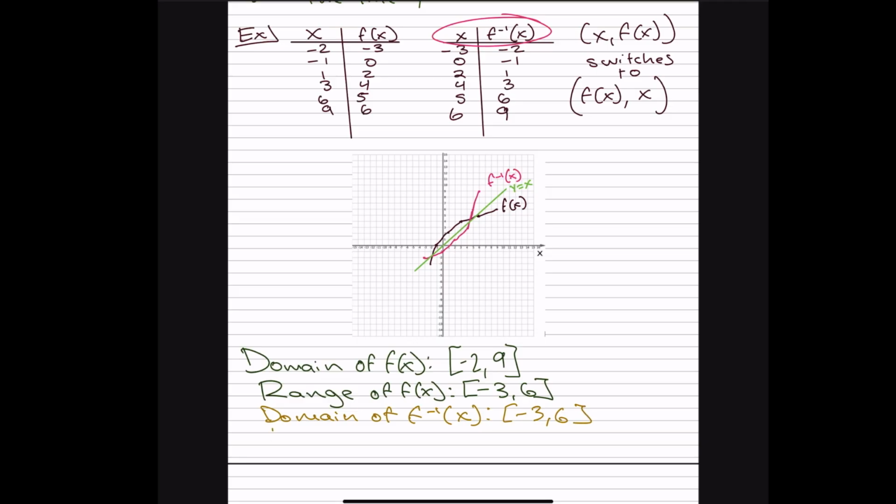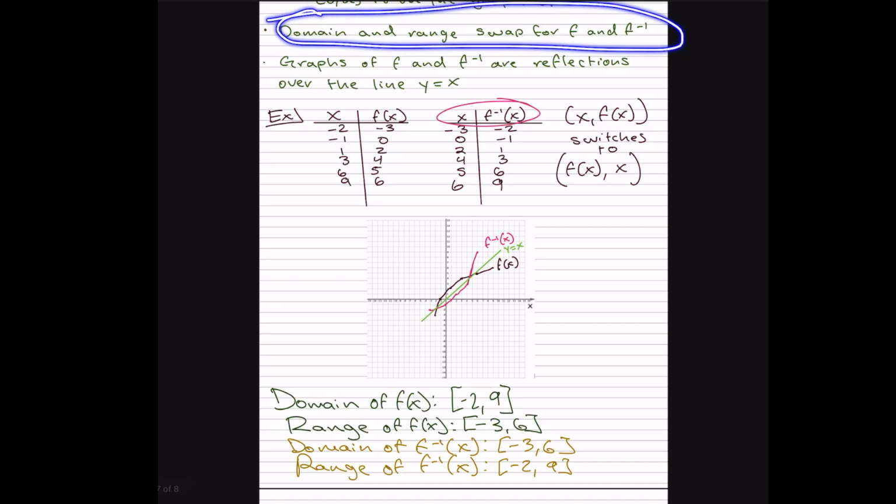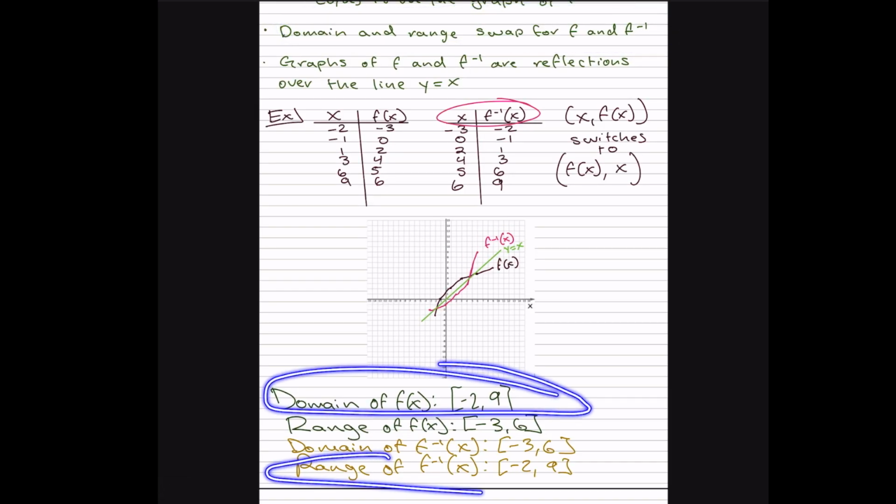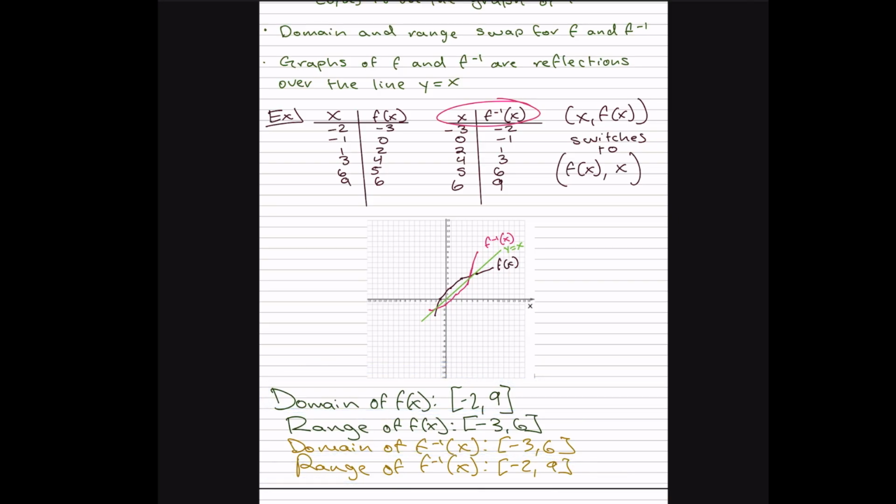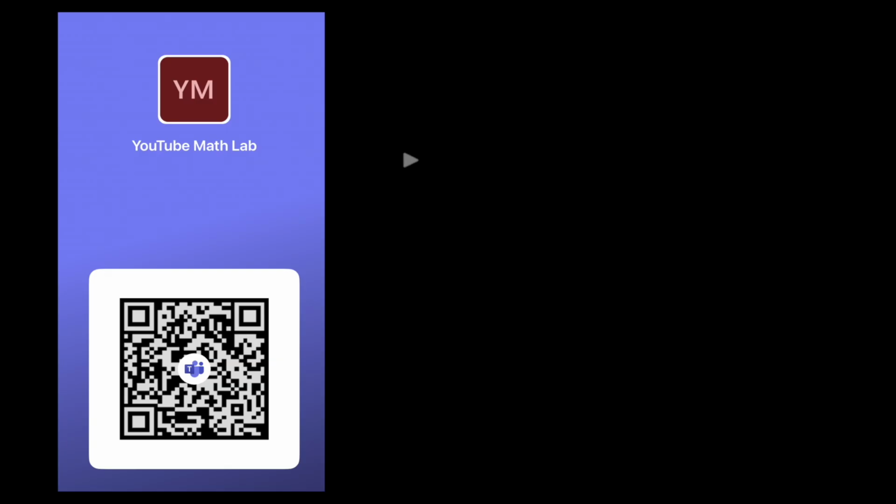And then if we take a look at the range of the inverse function, that becomes points from -2 to 9. And what do you know? Domain and range swap for f and f inverse. The domain of f is the range of f inverse, and the range of f is the domain of f inverse. And there you go. That's literally all you need to know for inverses.